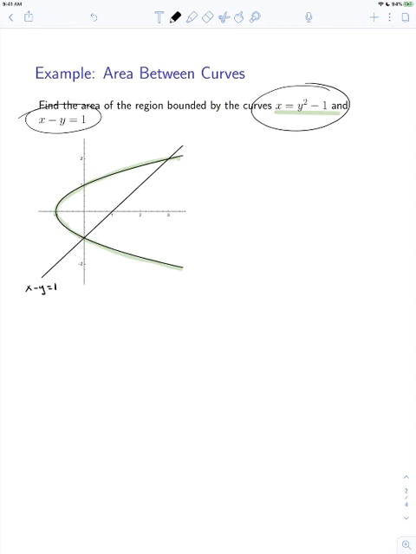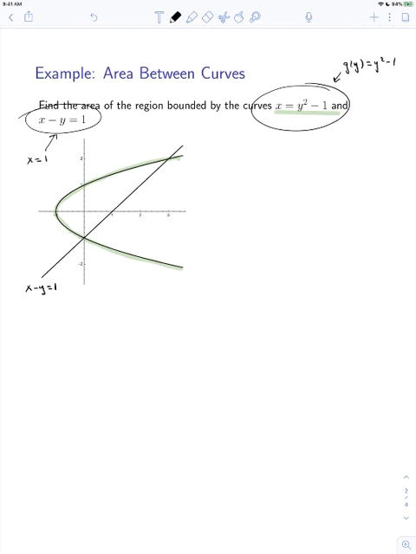Notice that here we have x as a function of y. So this can be our function g of y equals y squared minus 1. I called it g of y because it's the leftmost function. Remember, the leftmost function means the smaller x value, and the rightmost function, which in this case is the line, is the larger x value. We can also rewrite this line as a function of y.